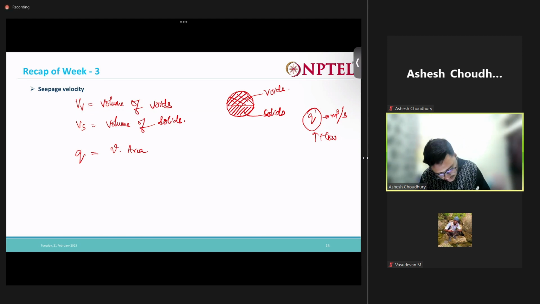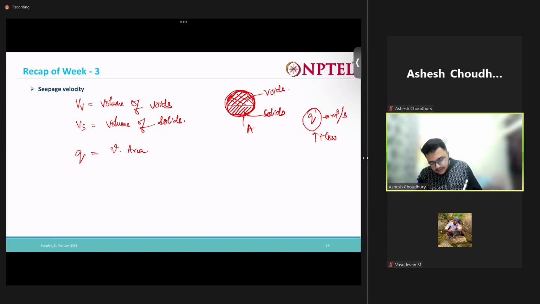If this is the cross sectional area of our pipe, which is A, and the velocity of flow through this pipe is V, then Q is equal to V into the area of cross section.